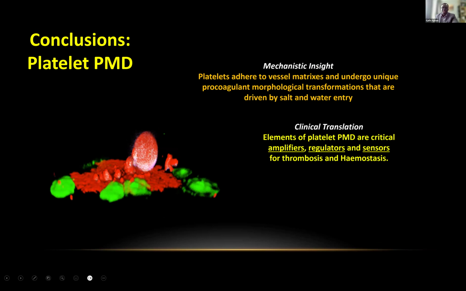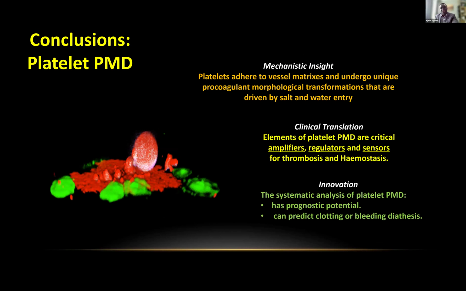In terms of the clinical translation from PMD study, we also know that elements of PMD are critical amplifiers, regulators, and sensors for thrombosis and hemostasis. And for innovation, we are now beginning to see that when we systematically analyze platelet PMD, it can be able to predict bleeding or clotting tendencies.